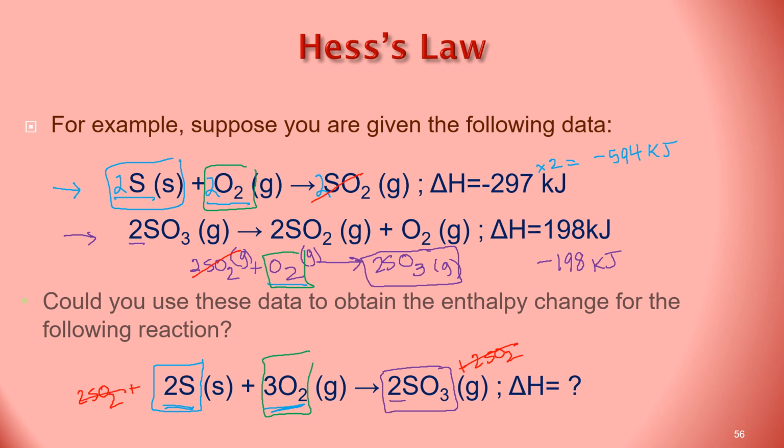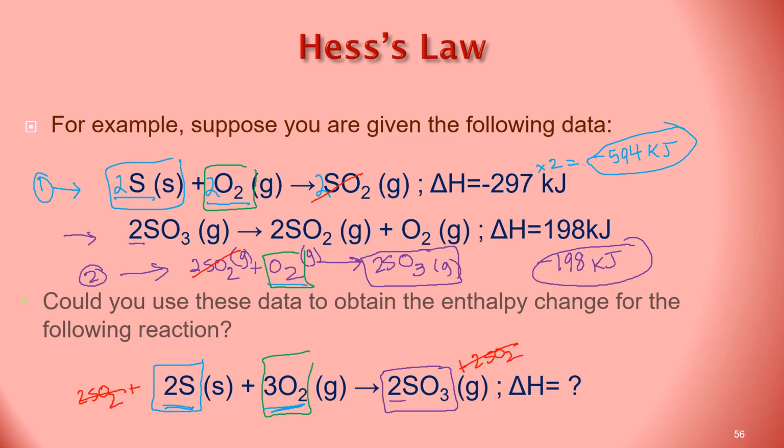So what's the delta H? Since I added this reaction 1 multiplied by 2, so I did this reaction, and then the second reaction, which is this one here where I reversed it. So the first reaction plus the second reaction, so that's delta negative 198, gives me the overall reaction that I'm looking for.